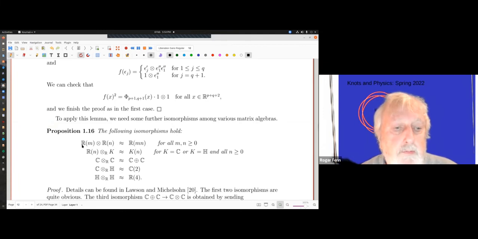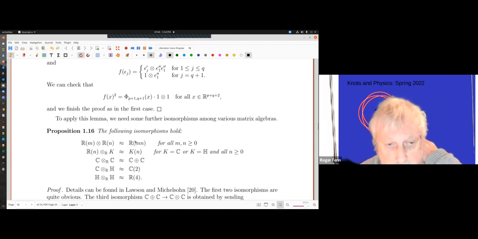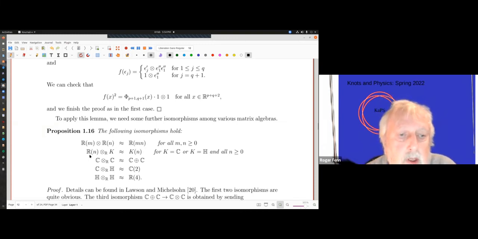The real n by n matrices tensor with the m by m matrices is the R(mn) matrices. Well, you probably all know that from your student days.